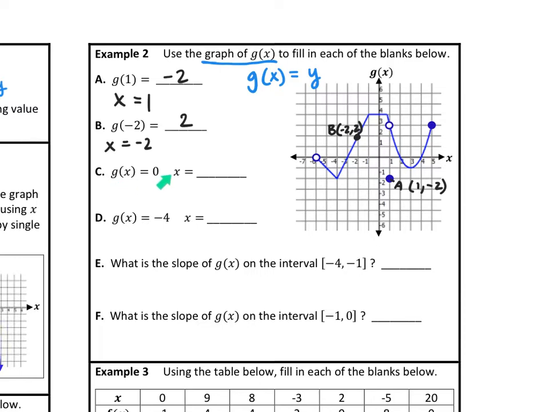Let's go to C. C changes the format of the question. Now they're giving us the number after the equal sign, and after the equal sign we should find the y value. So they're telling us in letter C that if y equals 0, then what is the x? Okay, so I'm going to scan through my y values and look for 0, which is right here.